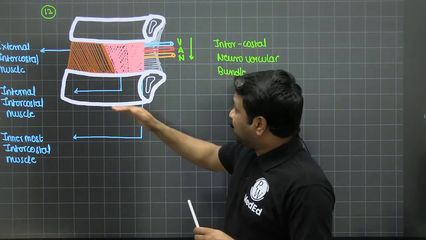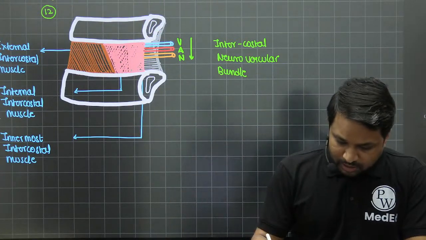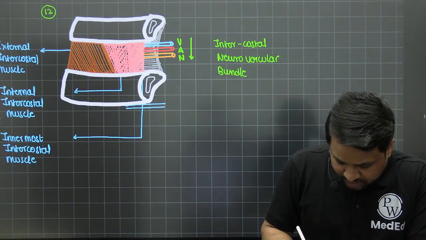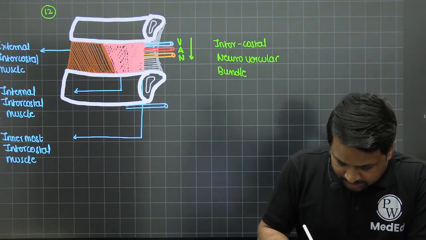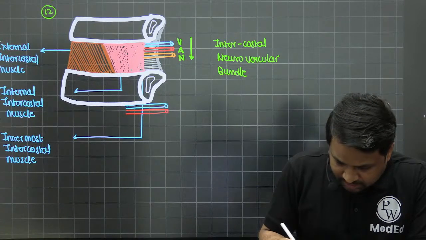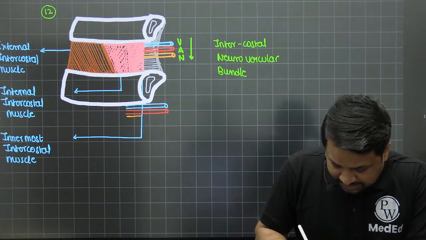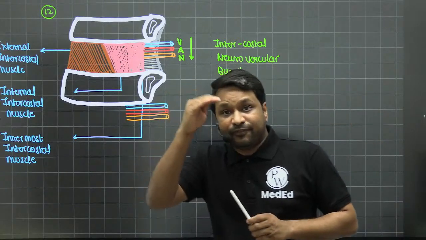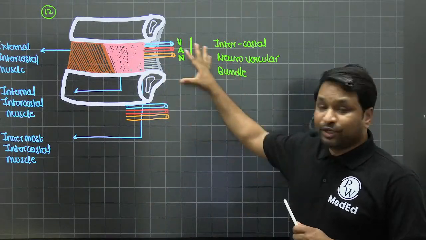All the neurovascular bundles exist on the inferior surface. There is a vein here, an artery here, and a nerve here. So in every segment, the inferior surface of the rib will have the neurovascular bundle.